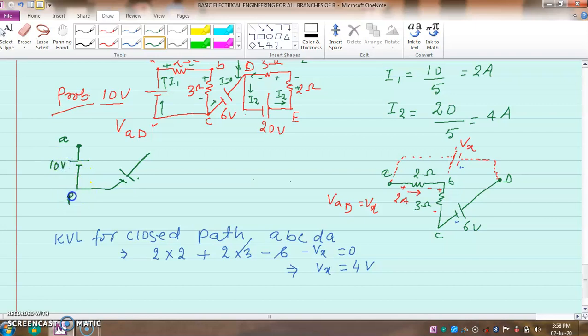Let it be P, and here it is D. So you have to find the voltage between A and D. I told you to put a fictitious voltage source like this. So you can follow any path.